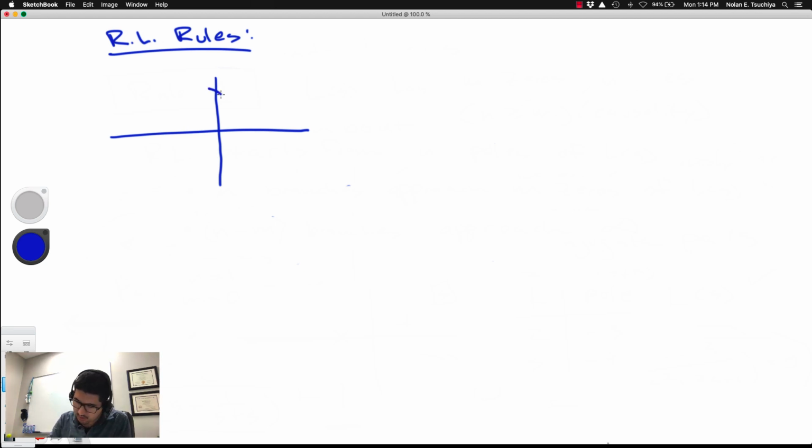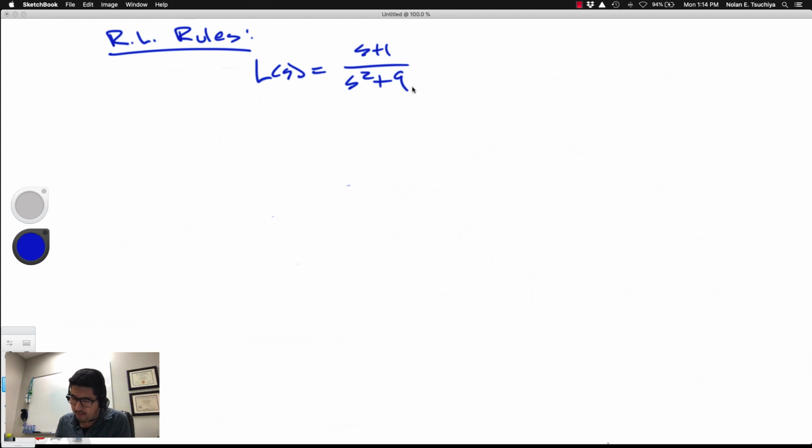Okay, so I've got an example where, let me just write it out first. In this example, L of s is equal to s plus 1 over s squared plus 9. This transfer function has zeros. There's 1 at -1, right?